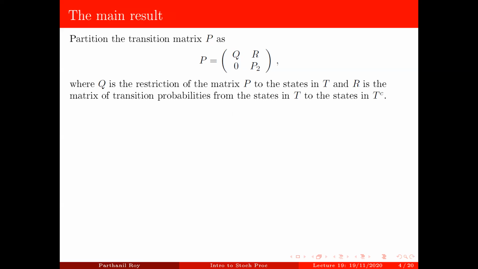The recurrent classes are closed, and therefore the probabilities are all 0. Once you're in a recurrent state, you cannot go back to a transient state. On the other hand, P2 is a matrix that gives you the transitions between the recurrent states. As we argued last time, the computation of these so-called absorption probabilities, these u_ik, will not involve P2 at all, because this is about reaching the first recurrent state only through transient states. So Q and R will completely determine these probabilities.